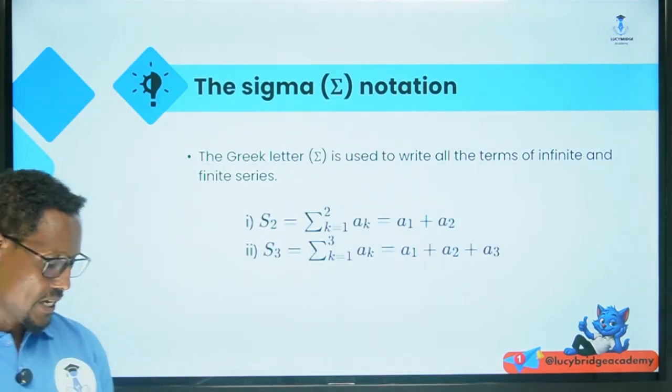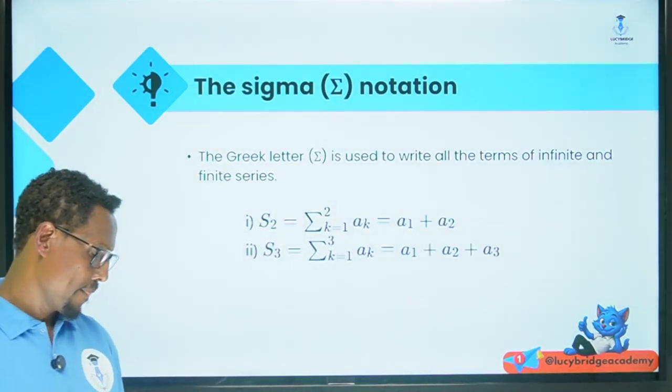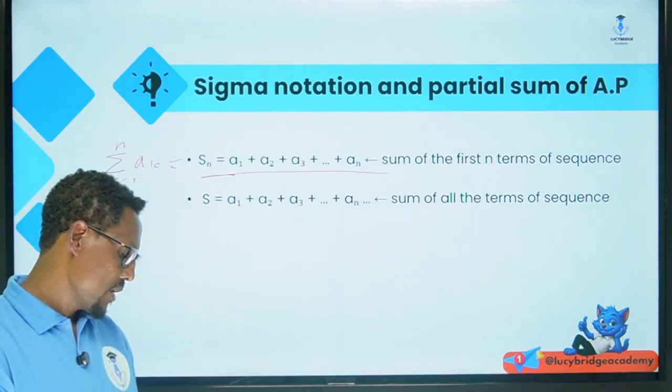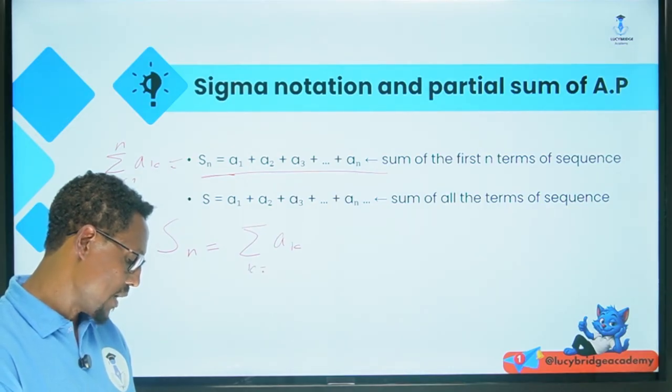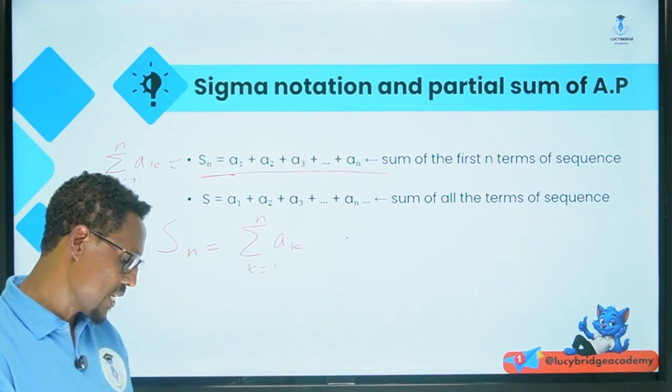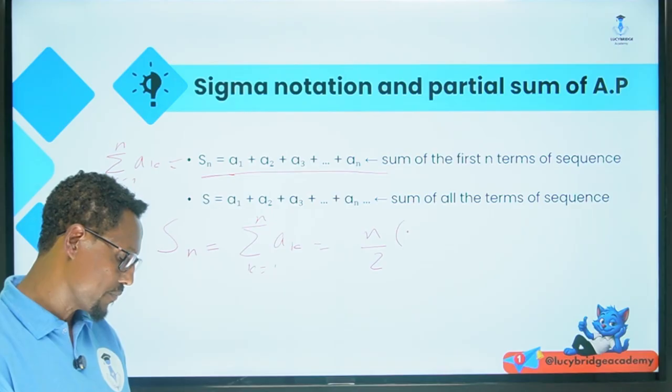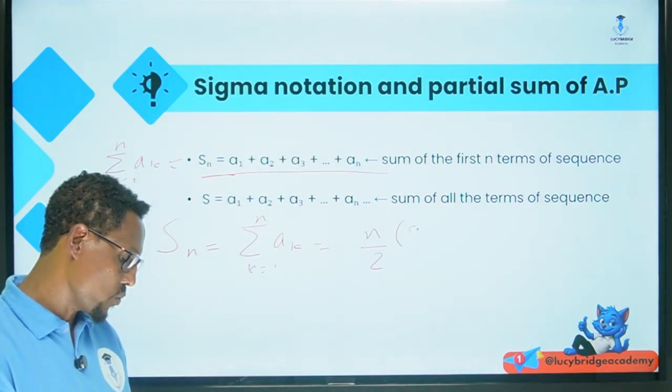Good. The Greek letter, okay. We saw this before. That means our Sn formula, if it is an arithmetic sequence, Sn equals summation of AK, where K starts from 1 up to n, which is equal to n over 2 times 2a1 plus d times n minus 1.